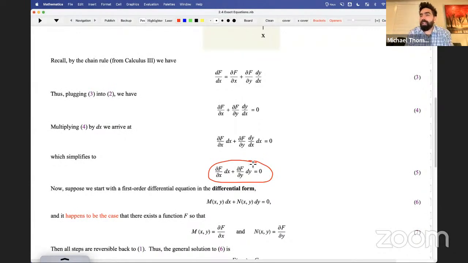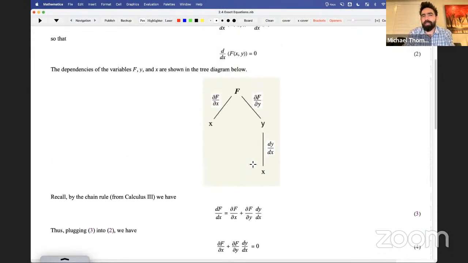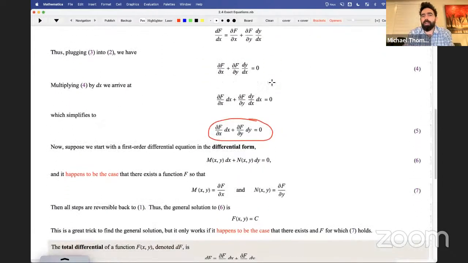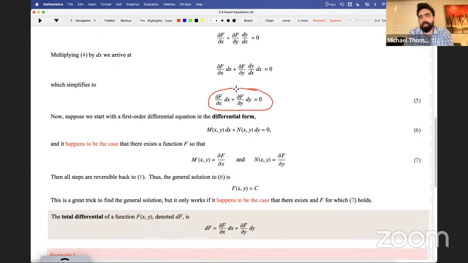All right, so we've created the question, right? So if you start with this equation, which is not a differential equation, it's just some curves that implicitly define functions of x, and then I build a question out of it, build a differential equation out of it, then it's going to look like this.